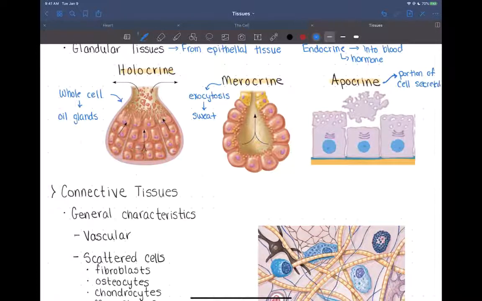Okay, and so you can see this cell, right, it's just pinched off here, the whole chunk of the cell. So we pinch this part off and secrete that, and that part's going to be full of whatever the secretion is. And so an example of this would be mammary glands, right? So this is how milk is secreted.